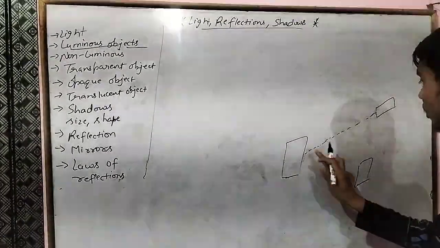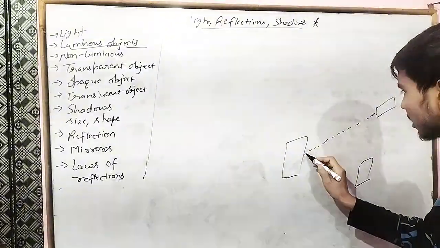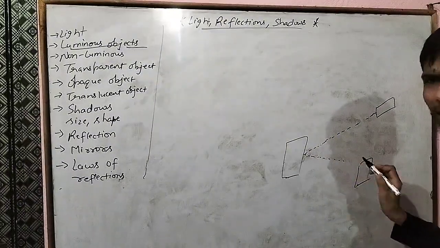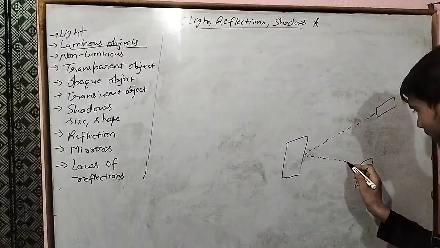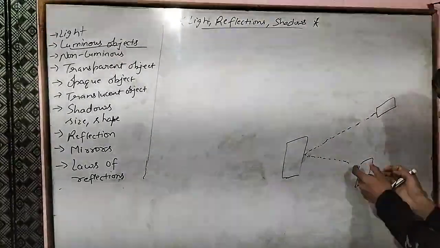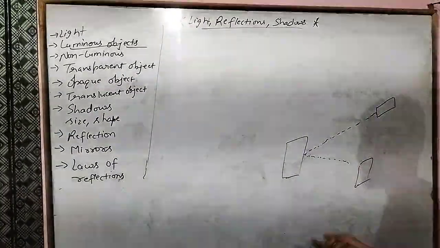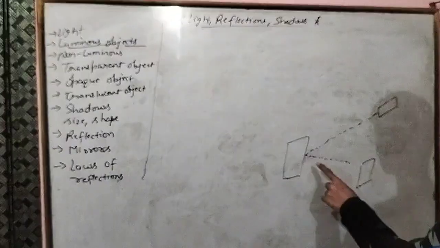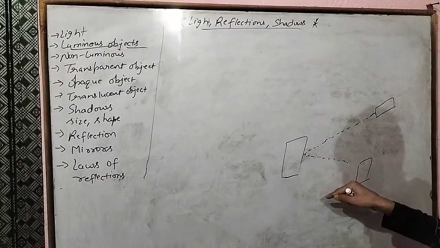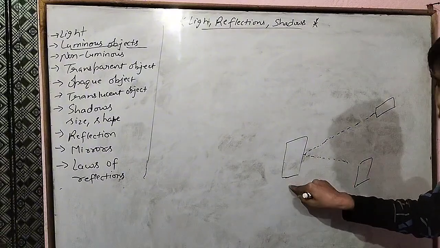Here, if this light is not passing through this object, rather it is turning into another direction, and this changed light is entering into our eyes, that's why we see this object.